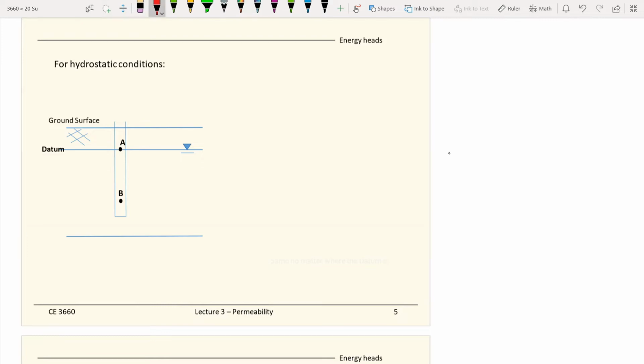In our geotechnical applications, we're very likely dealing with hydrostatic conditions, which means the groundwater is not moving or moving very slowly.